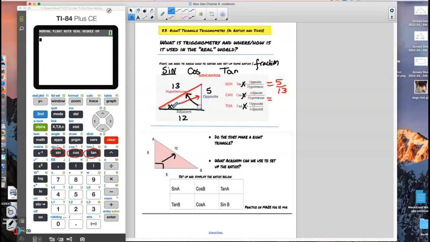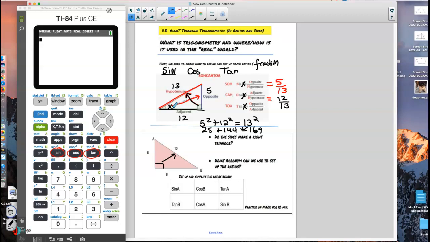So we grab the adjacent side to the angle that we're looking at, which is the 12, and we put it over the length of the hypotenuse. This only works for right triangles, and I purposely made a triple, or 3 numbers, where this is true, where 25 plus 144 does equal 13 squared.